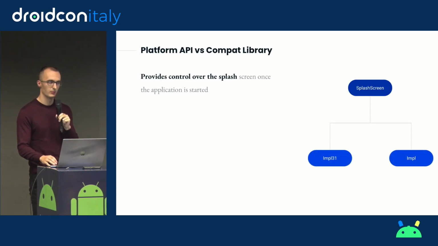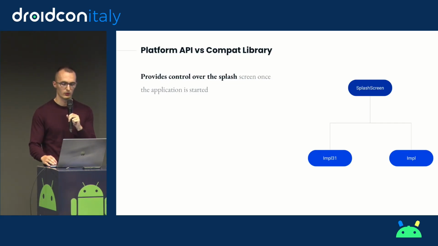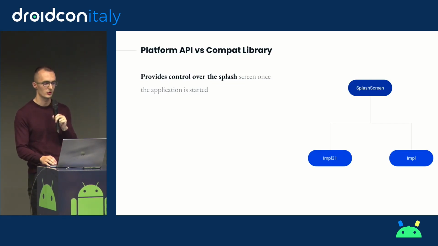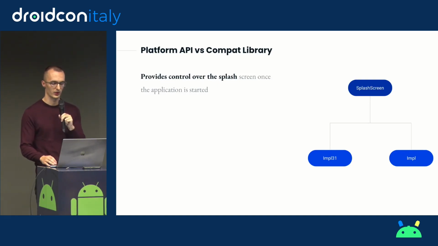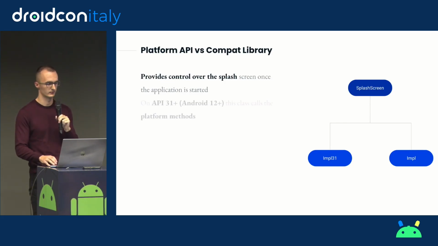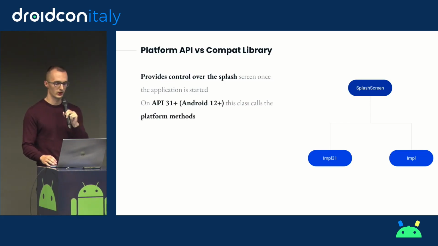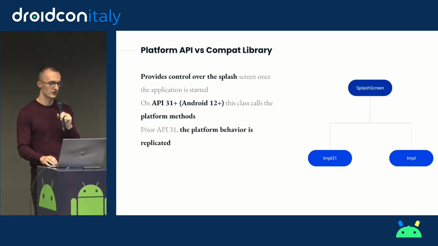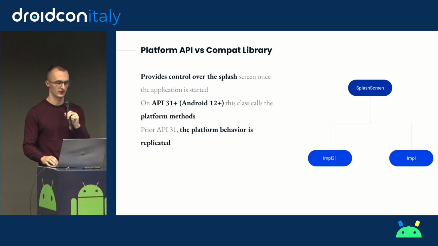It has two implementations: one for API 31 and above, and one for the older versions. On API 31, this class calls the platform methods, while on the older versions, the platform behavior is replicated.